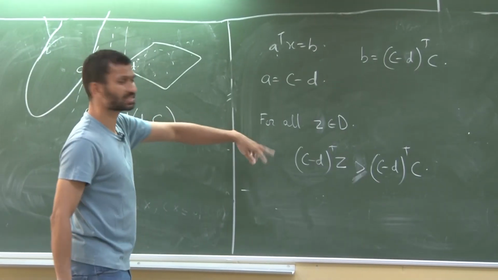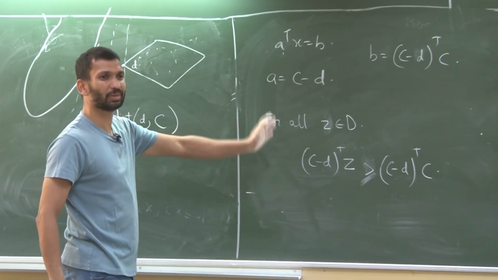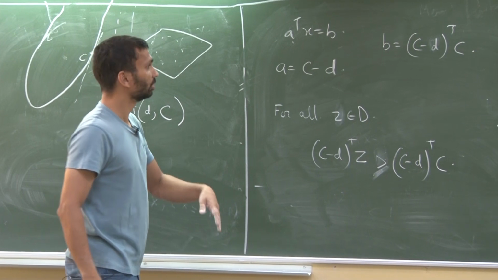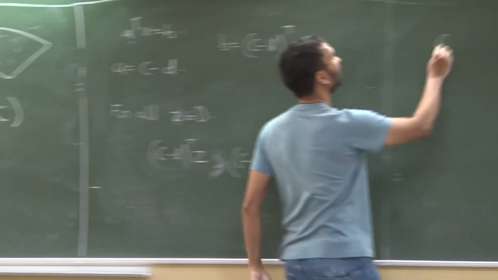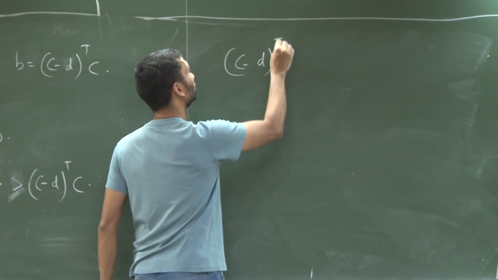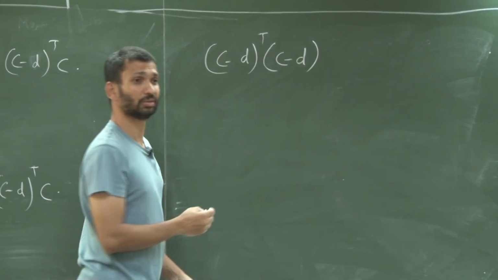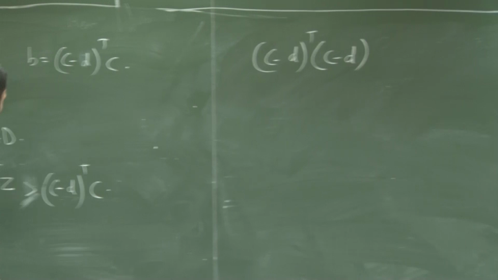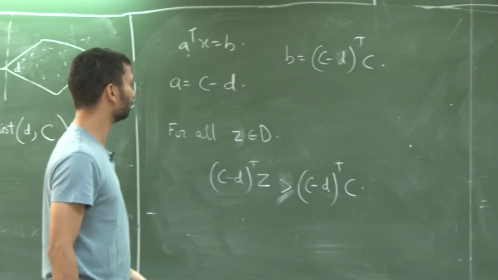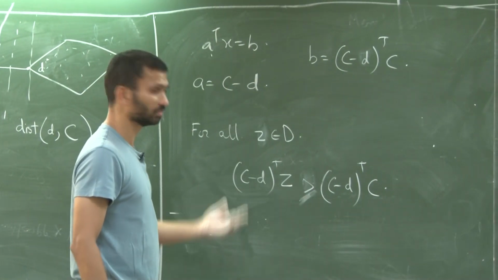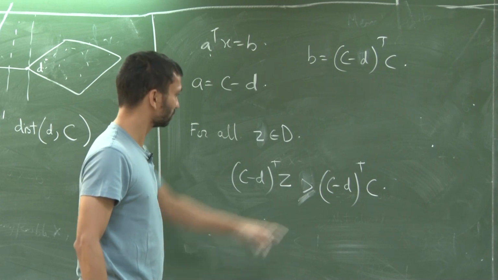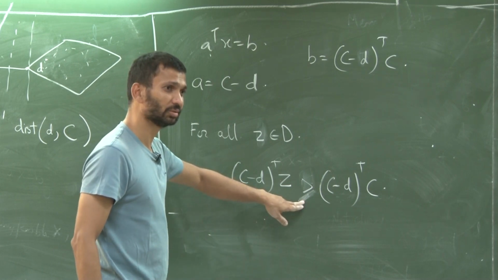You just check the sign of C minus D transpose D and C minus D transpose C. C minus D dotted with Z minus C, right? It's basically checking the sign of C minus D and Z minus C. So this is correct or not correct? Incorrect.